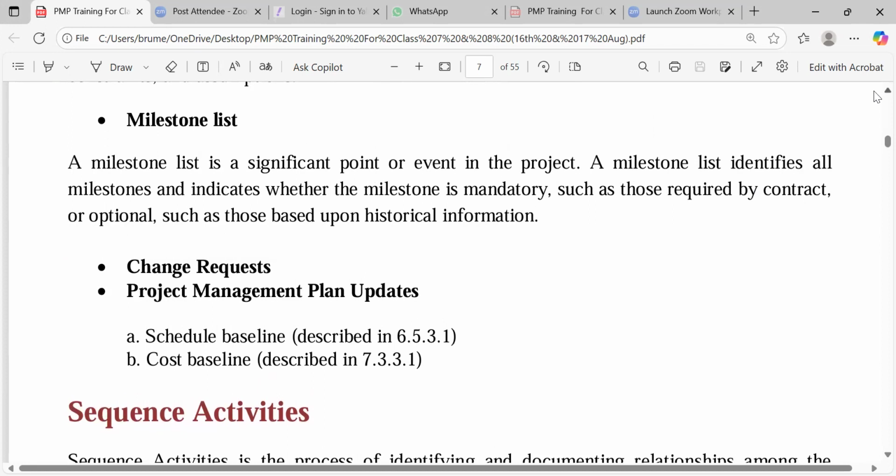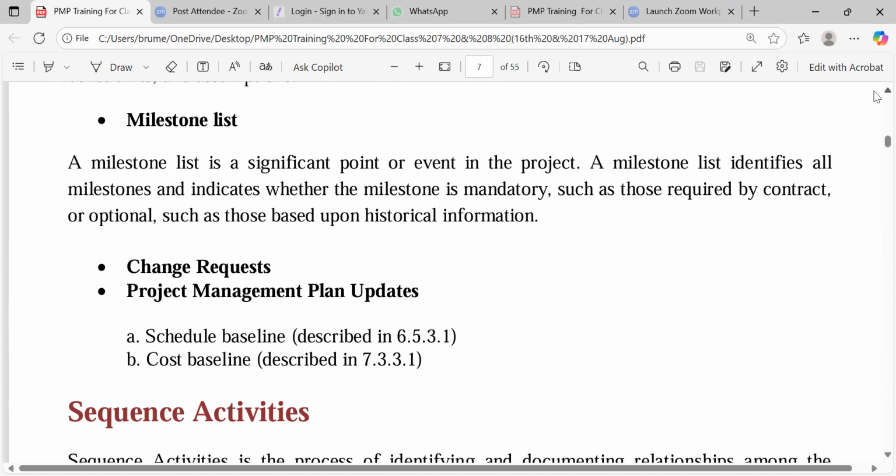So, milestone list. A milestone list is a significant point or event in the project. A milestone list identifies all milestones and indicates whether the milestone is mandatory, such as those required by contract, or optional. Okay, now I want to tell you what a milestone is.